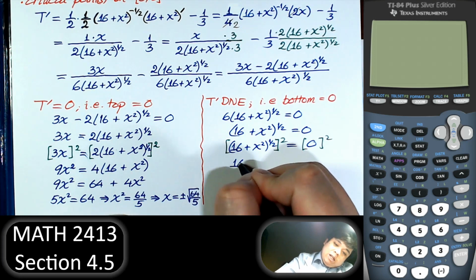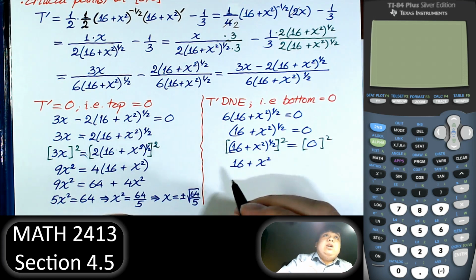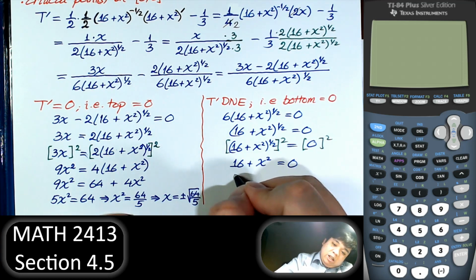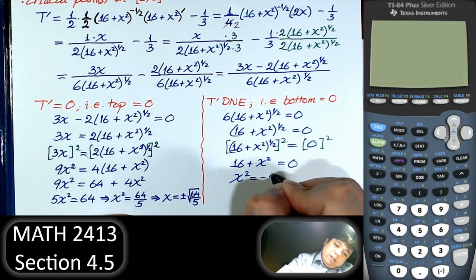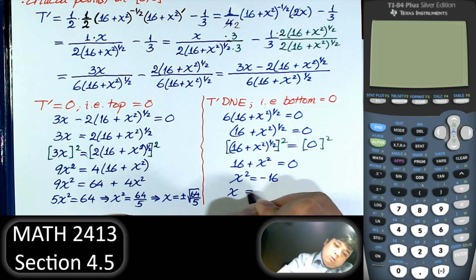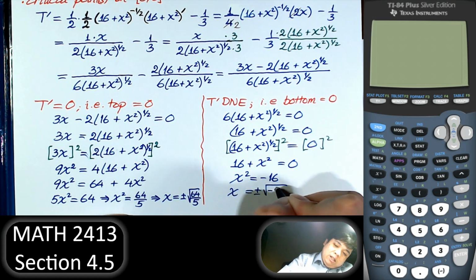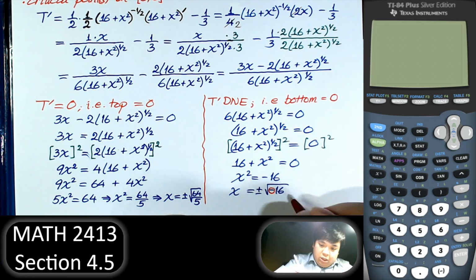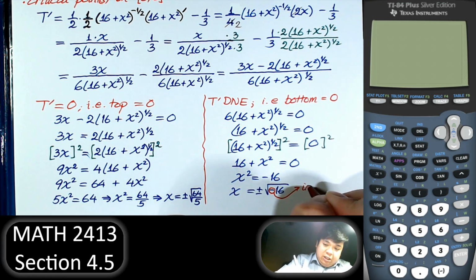So we have 16 plus x squared equal to 0. Move the 16 over, x squared equal to negative 16. So x equal to plus or minus square root of negative 16. And since there's a negative inside the square root, that is imaginary.